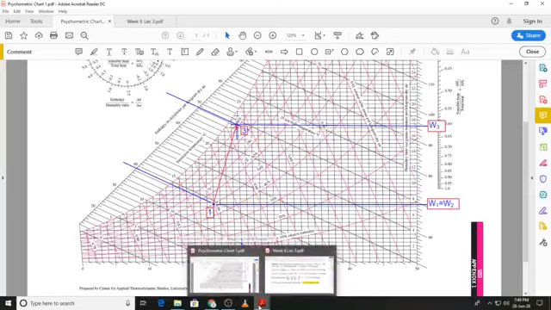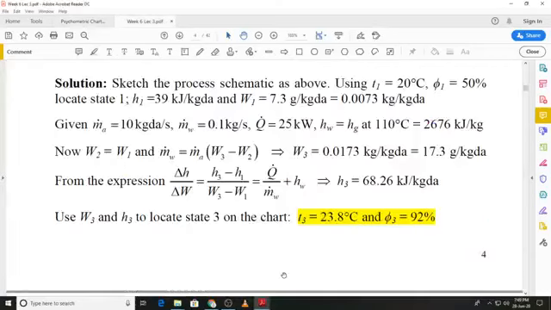Then we can use the equations that we have to find out the humidity ratio at state 3, because we are given the mass flow rate of dry air, which remains constant throughout, and the mass flow rate at which steam is injected.